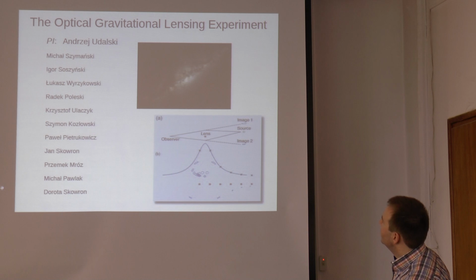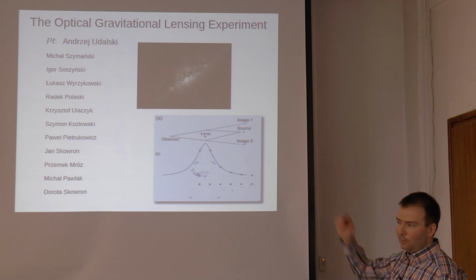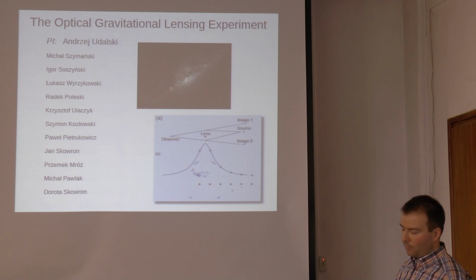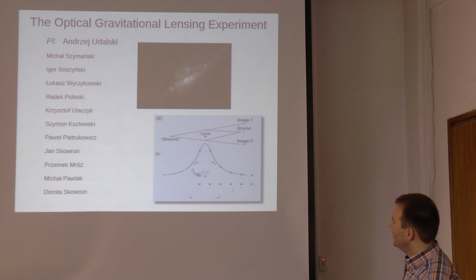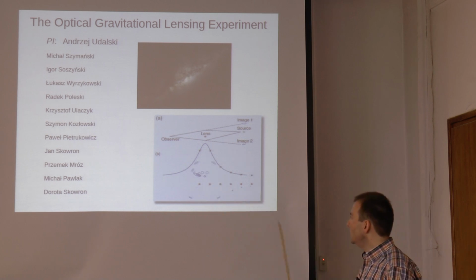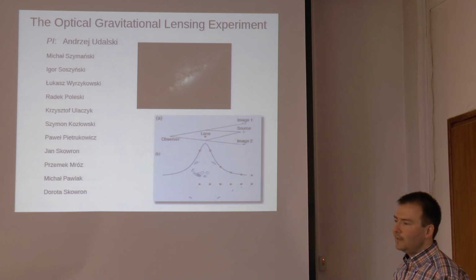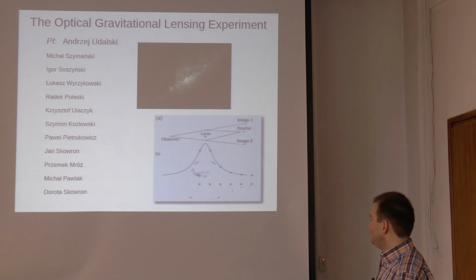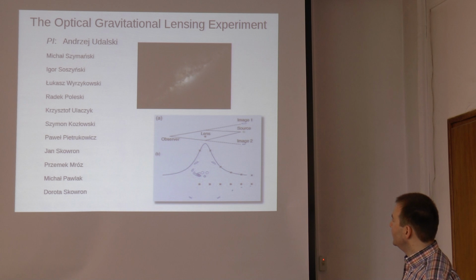Okay, and this is the team right now. The PI is Professor Andrzej Udalski at the Warsaw University Observatory, and the initial idea was to find microlensing events. I will not tell much about it here.